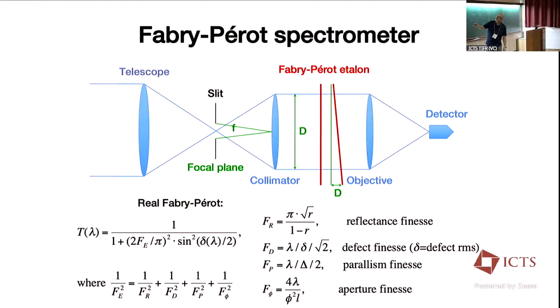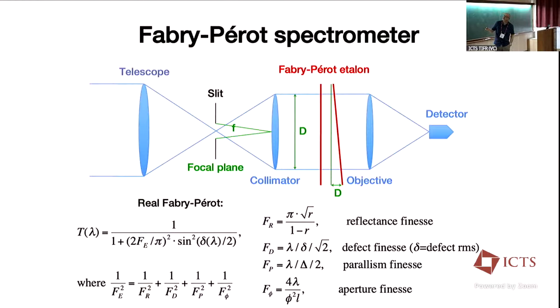If the two plates are not parallel, then this gap L between the two mirrors will not be the same here and here. So the transmitted wavelengths will not be the same on the top and on the bottom of the Fabry-Perot. So the transmission peak will transmit over several wavelengths and become broader. So you decrease the resolving power.